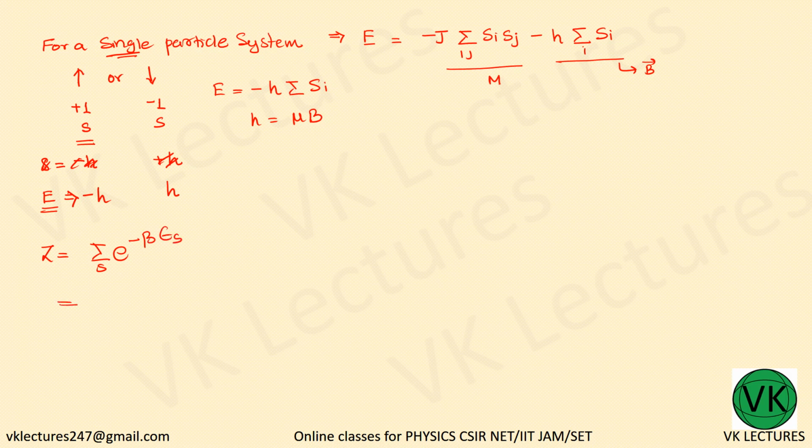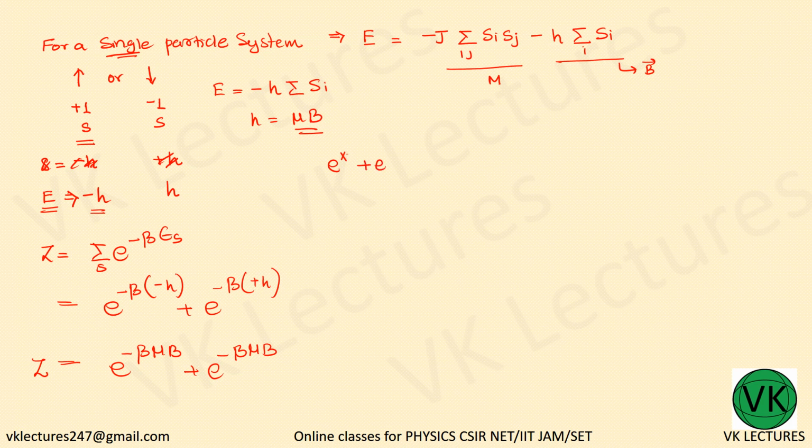First, for the minus H, e to the power minus beta into minus H, plus e to the power minus beta into plus H. H we already know, that is mu B, so we can write e to the power beta mu B plus e to the power minus beta mu B. So this is the partition function Z. We have seen e to the power x plus e to the power minus x equals 2 cosh x.